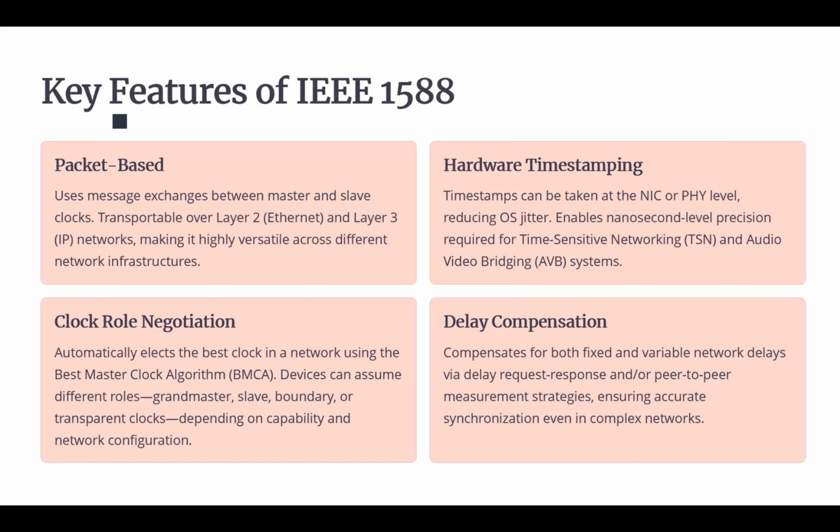It uses message exchange between the master and the slave clocks to synchronize the time over the network. Instead of hard wiring a time signal like the older systems, it works by sending a special message, basically a timing message.